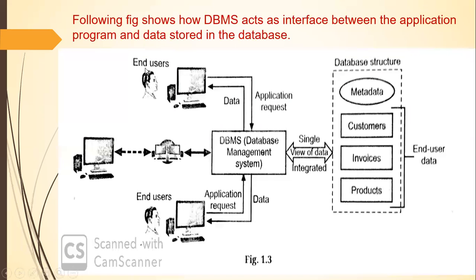The end user interacts with the database management system with the help of a particular application request, and that application request is processed in the database management system, which can access some data from the server which is connected to the internet network or on the local system. That is, this arrow can show the particular server or the database where it is stored, and the application request comes in the form of queries.